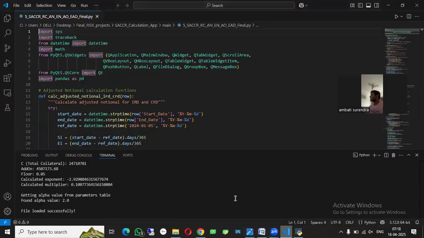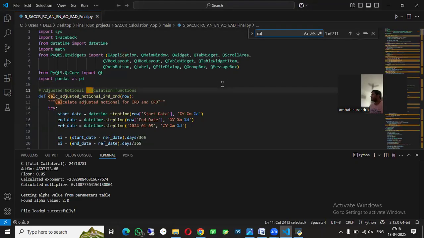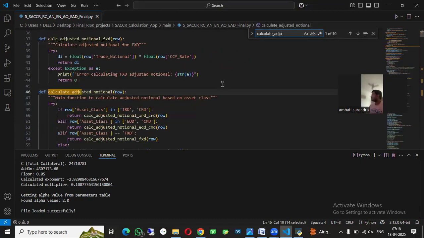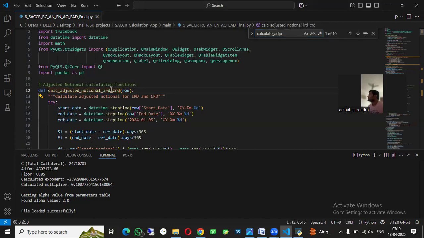Maybe I can just show you how I'm doing this in the adjusted notional data. This is the one function I'm using for asset classes like interest rate derivatives and credit rate derivatives. I'm using the calculated adjusted notional.